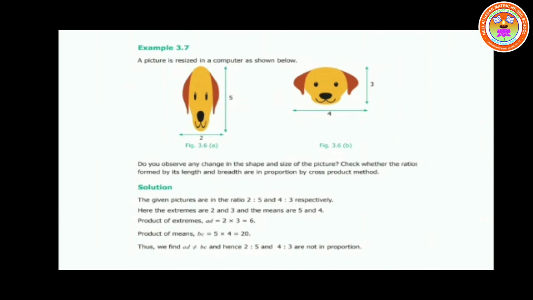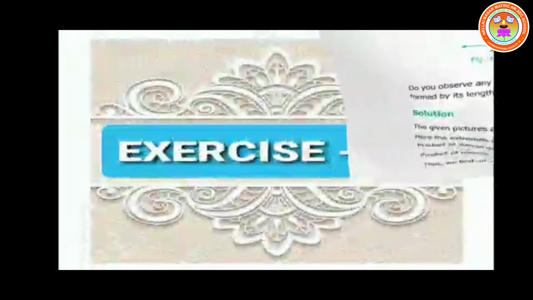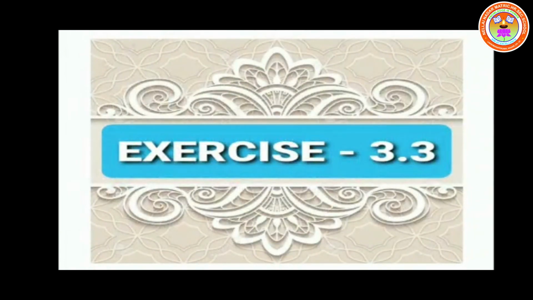If they are not equal, that is, you don't get the same answer, then they are not in proportion. Are you all clear, children? Shall we move on to the exercise problem now? Any doubts? If you have any doubt, you can ask through WhatsApp, children.